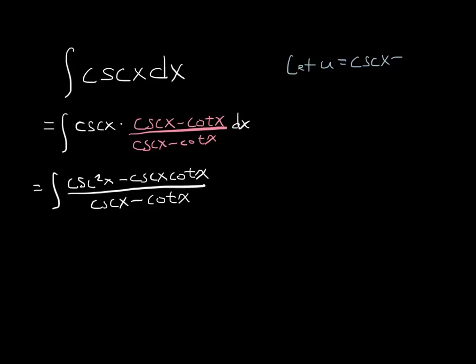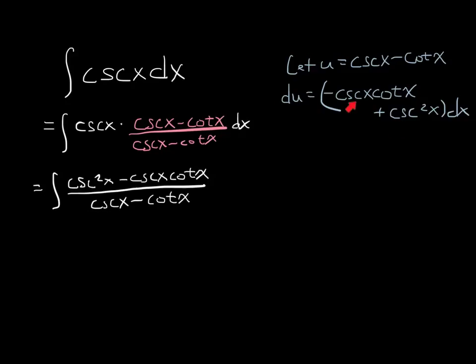That's cosecant minus cotangent. And then du will be negative cosecant cotangent plus cosecant squared dx. Now notice here we've got a positive cosecant squared minus cosecant cotangent, and that's exactly what we have here.